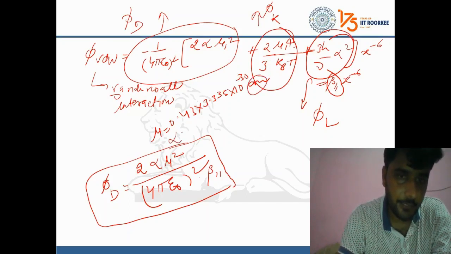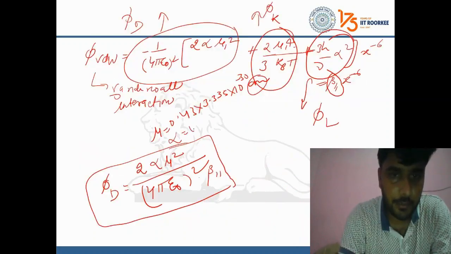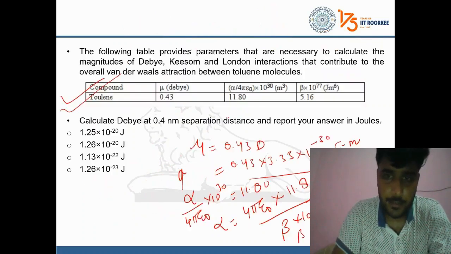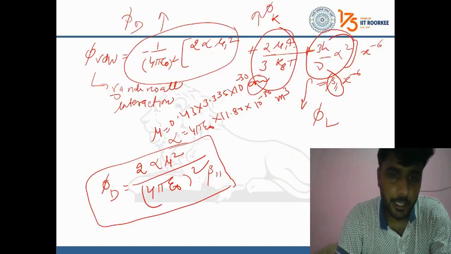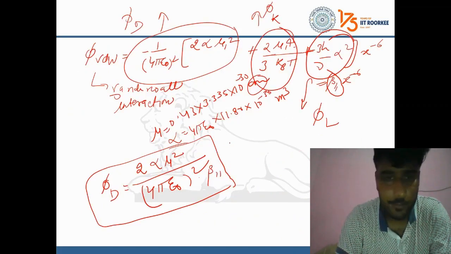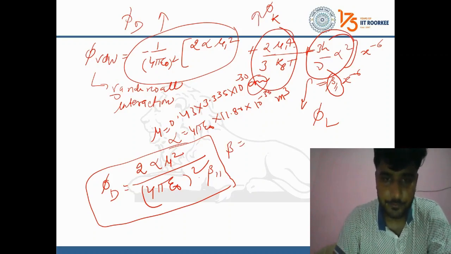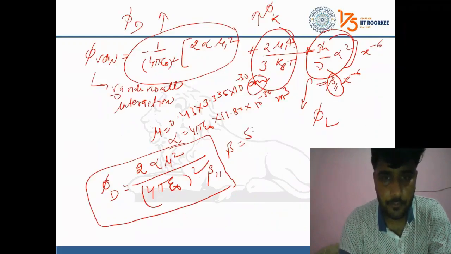And the alpha value is 4 pi epsilon naught 11.80 10 raised to minus 30 meter cube, and the beta value is 5.16 10 raised to power minus 77.